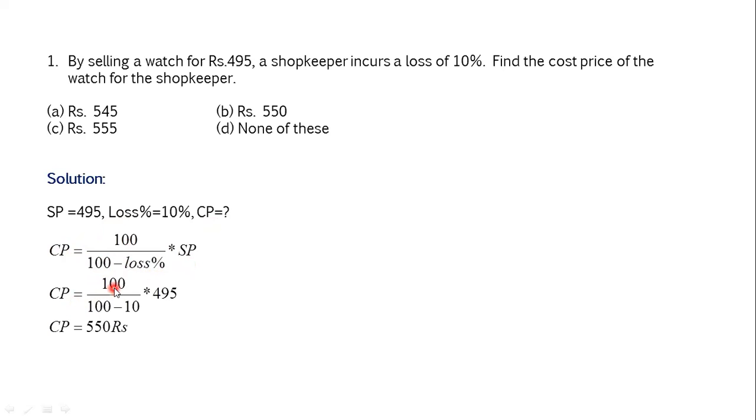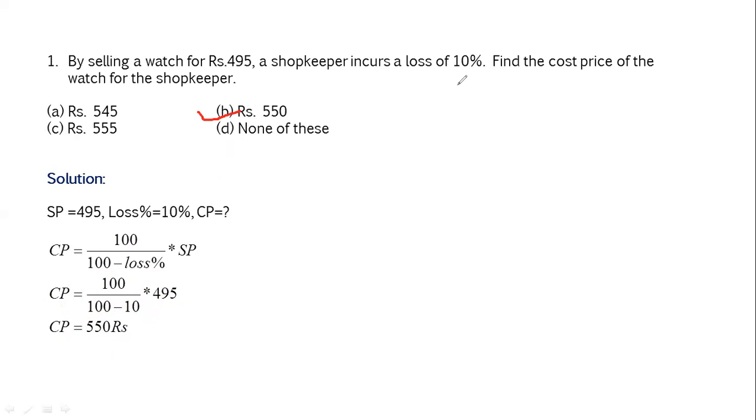So CP is equal to 100 upon 100 minus 10 into 495. If you see this term, numerator is more as compared to denominator, so CP will be higher as compared to 495. So 100 upon 90 into 495. CP will be equal to 550. So the right answer will be option B, that is rupees 550.